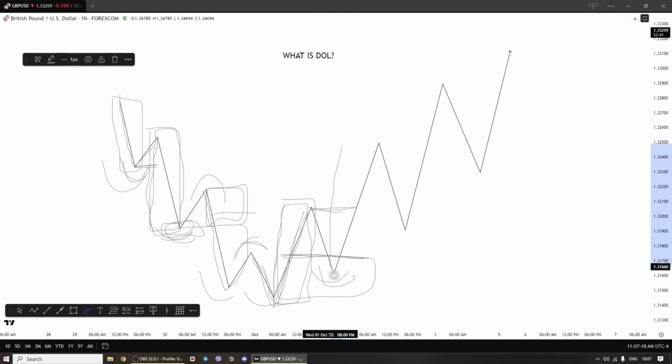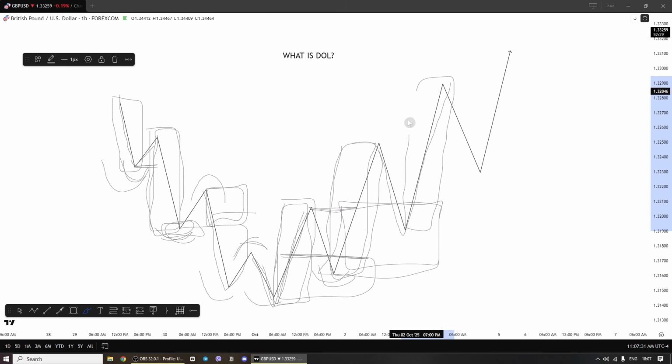Once this happens, this is the leg that should provide you the next move. And here you will find PD arrays. This is exactly what is going on in the markets.